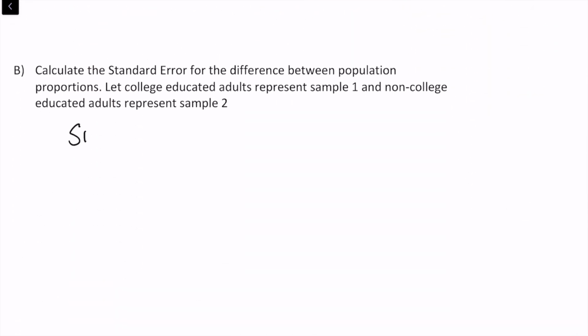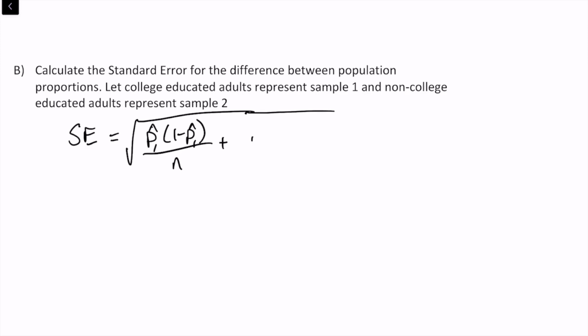The standard error, we'll call it SE, equals the square root of P1 hat times 1 minus P1 hat over n1 plus, and all of this is underneath the square root, we do the same thing with P2 hat over n2. That is our standard error.